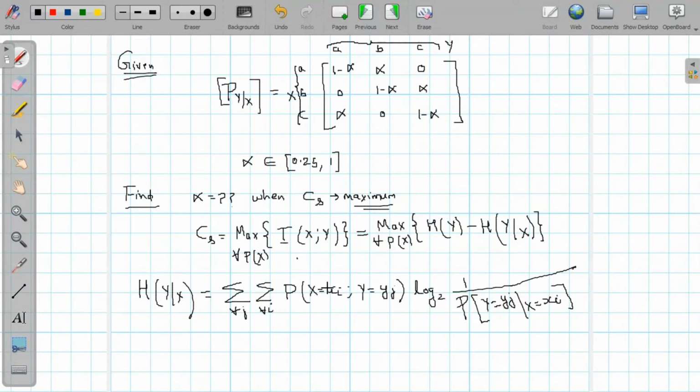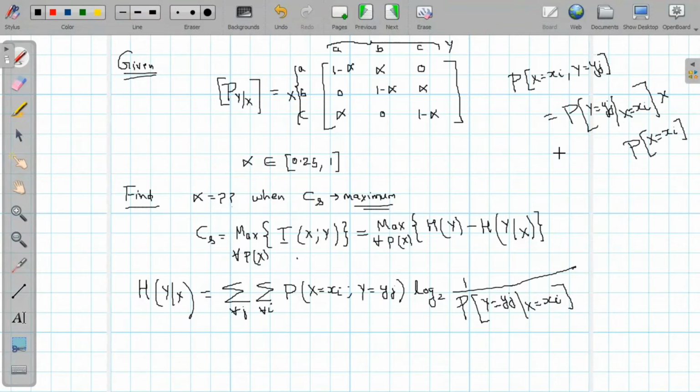We can express this joint probability in terms of this transition probability. Since this joint probability X is equal to xi and Y is equal to yj is equal to probability that Y is equal to yj given X is equal to xi times probability that X is equal to xi.